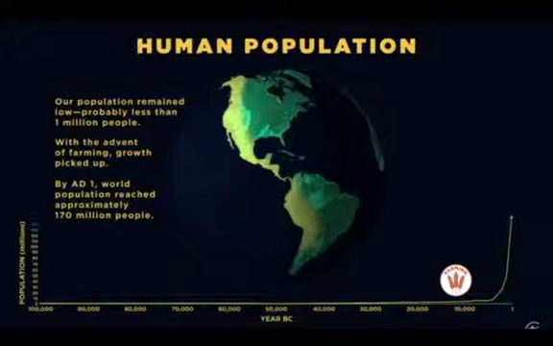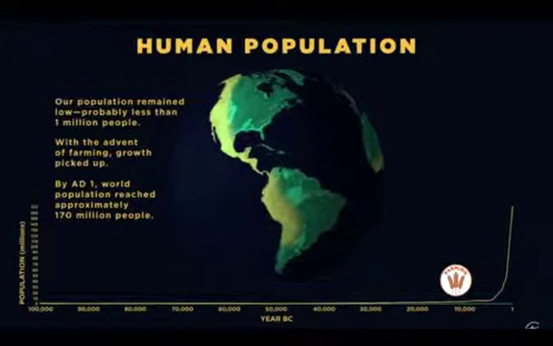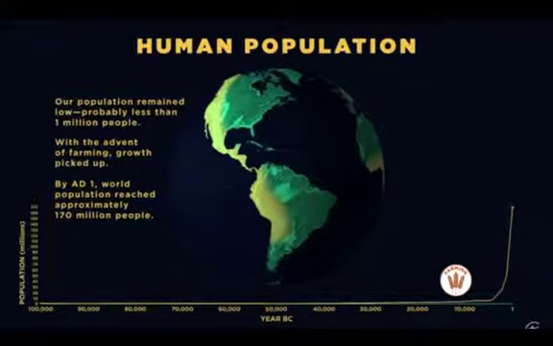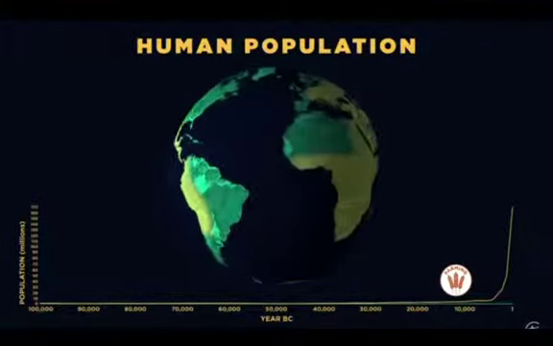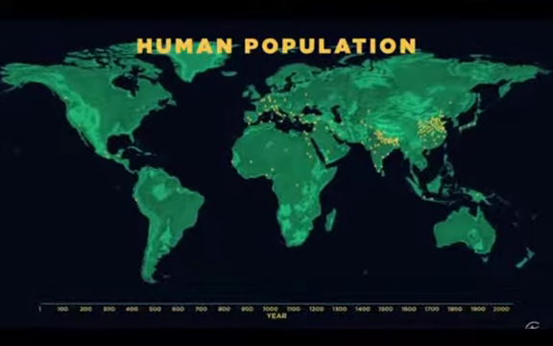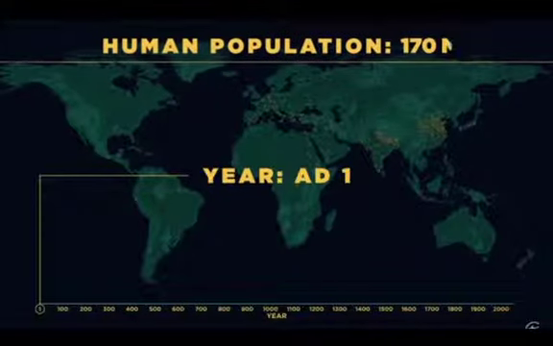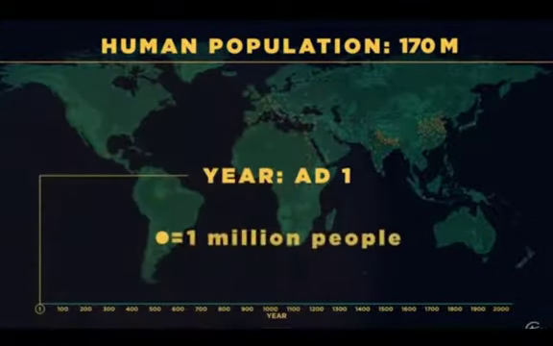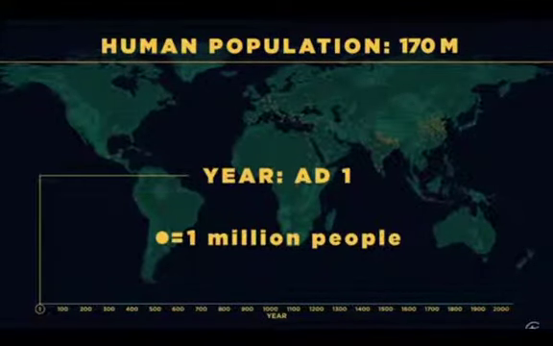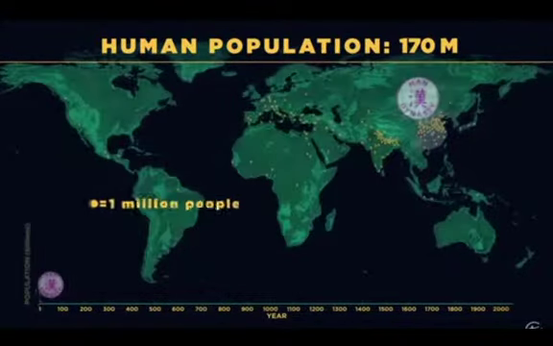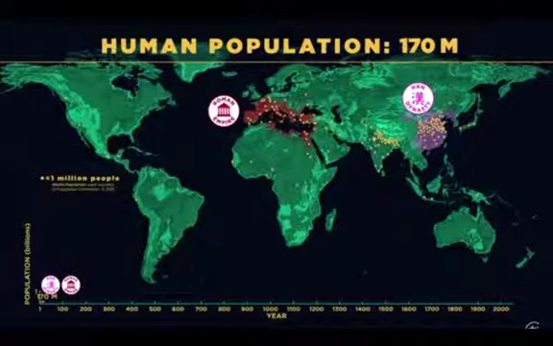Here we are at 10,000. Around now, there's some farming starting to be developed in multiple places. And all of a sudden, whoosh, 170 million. We have to compress this scale. So here we are at year 0, 170 million. And we're off. Now we're going to start to spatialize the population. And so we're going to see dots everywhere there's a million people.